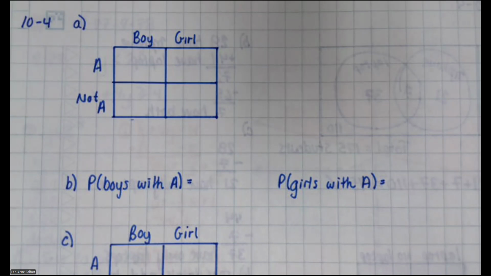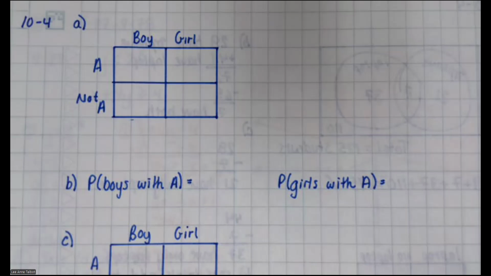So this is about a PE class, I believe, and they're going to talk about boys that have an A in the class and girls that have an A in the class. Okay, so what we're gonna do is I'm gonna put the problem up. The hardest part about these is figuring out where to put the numbers from the original problem.